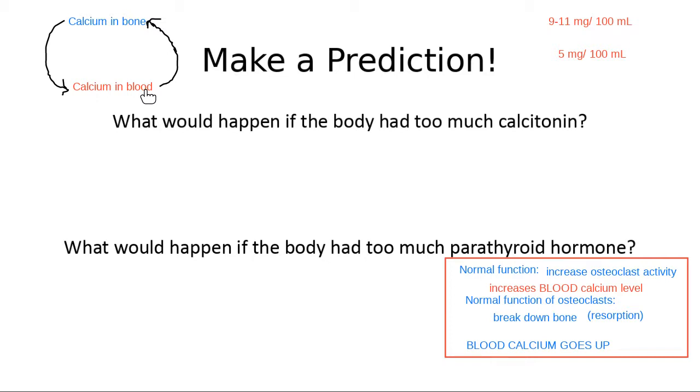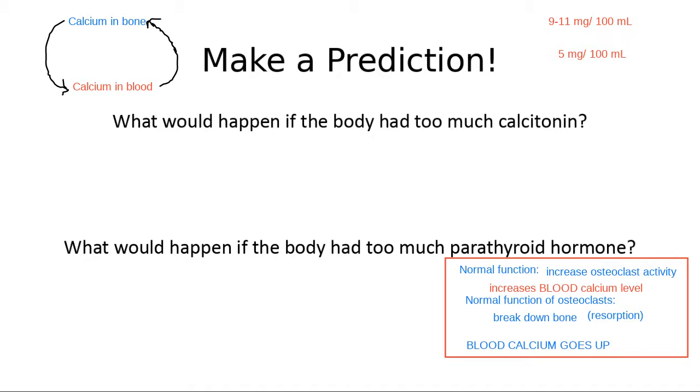And let's make a correlation. The cell that helps me to take my calcium that's in the blood and put it into bone tissue, who does this half of the loop? Who takes blood calcium and turns it into bone calcium? What kind of cell would help me do that?